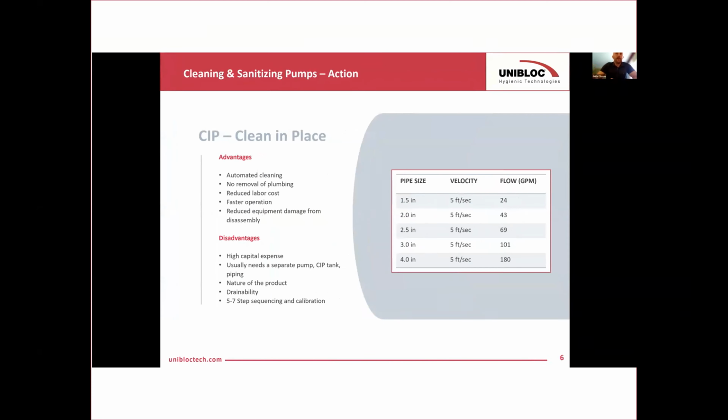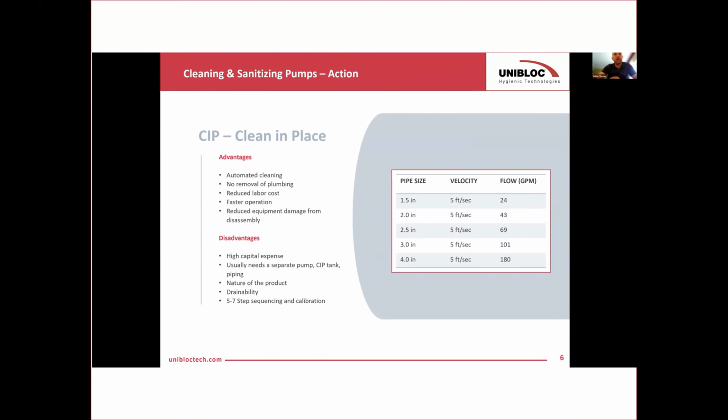Looking at the CIP, clean in place, the pros and cons of this type of method. If you have identified which method works best for you, and CIP is your preferred method, the advantage is that it's an automated cleaning, and you don't have to remove plumbing or piping.